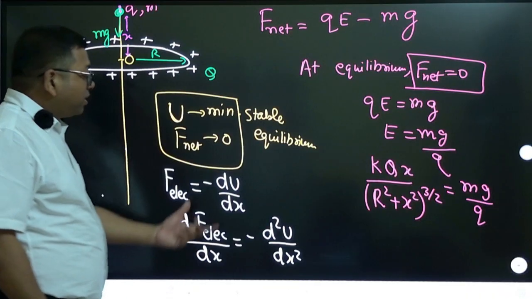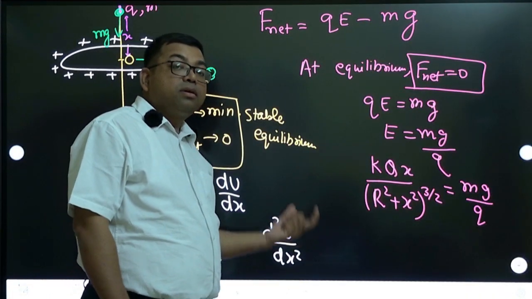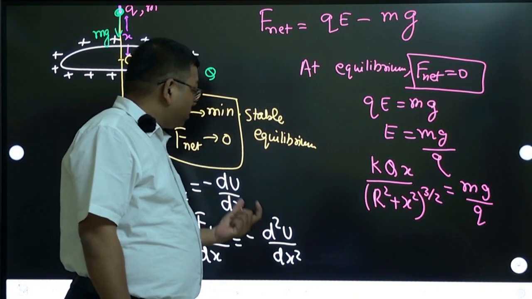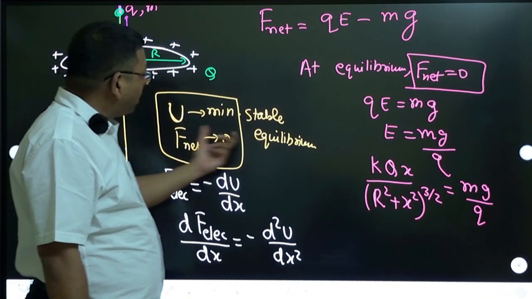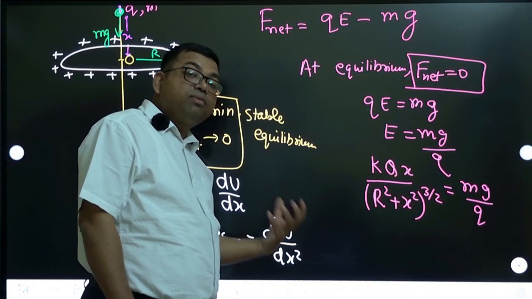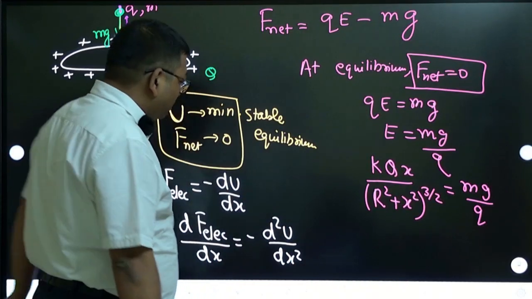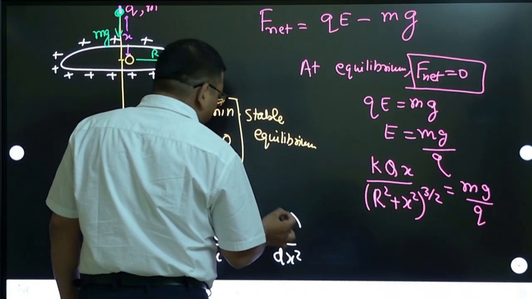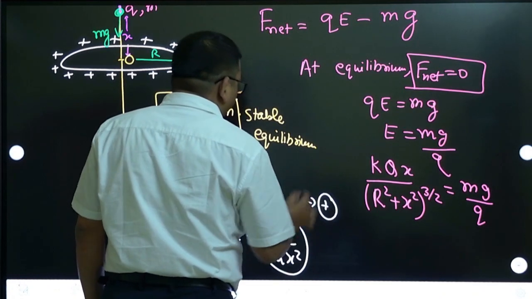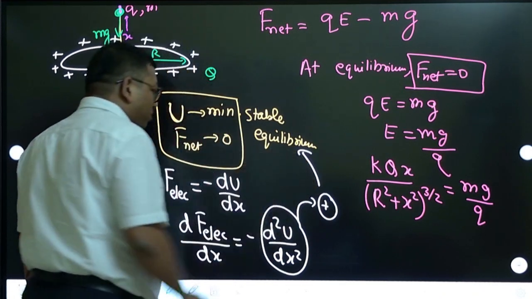So for maxima, here what are we looking for? We are looking for minima, minimum potential energy. So for minima, double differentiation has to be positive, for stable equilibrium.